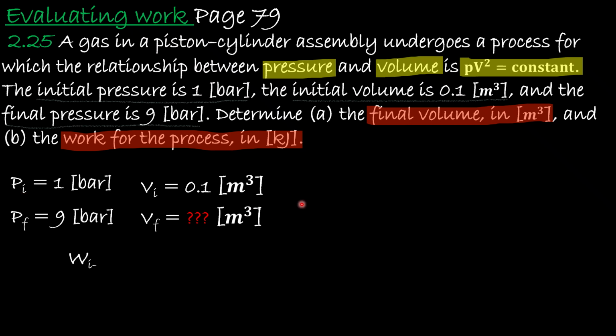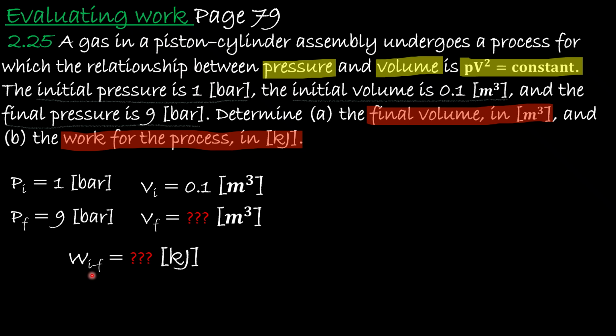So now we are asked to find the work from the initial equilibrium state where the pressure is 1 bar and the volume is 0.1, to the second equilibrium state where the pressure is 9 bar.